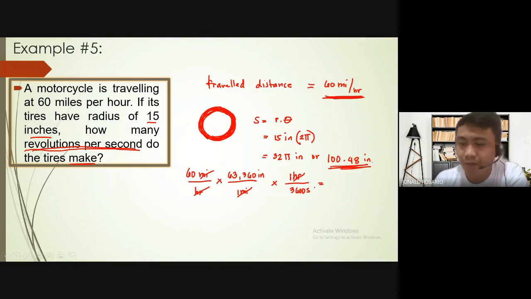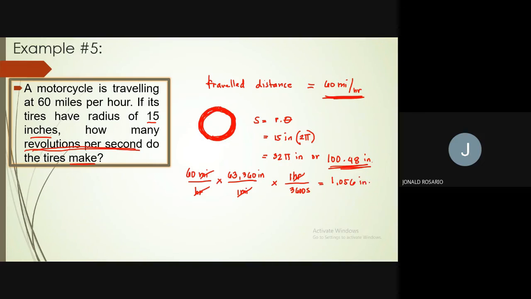Okay, try natin i-multiply. 60 times 63,360 divided by 3,600. The answer is 1,056 inches per second.